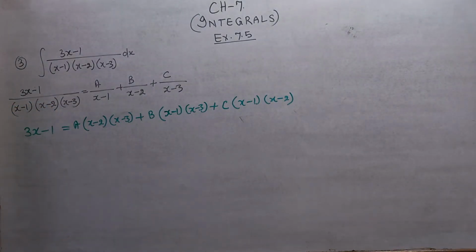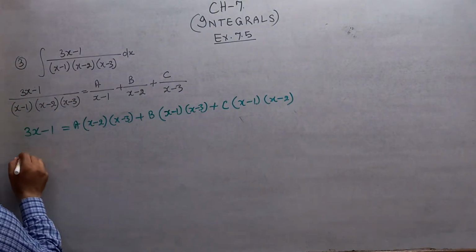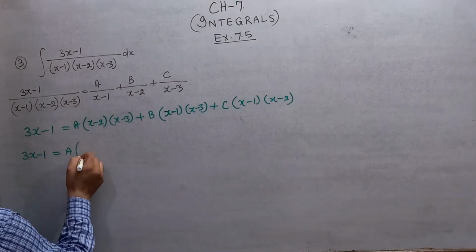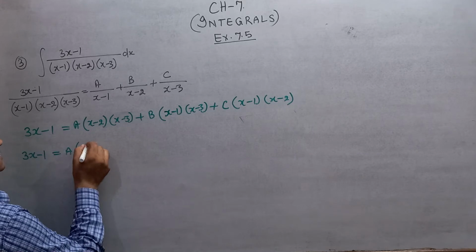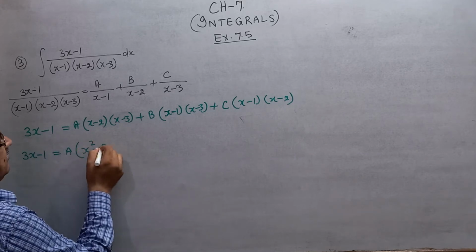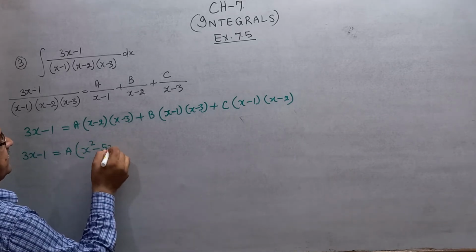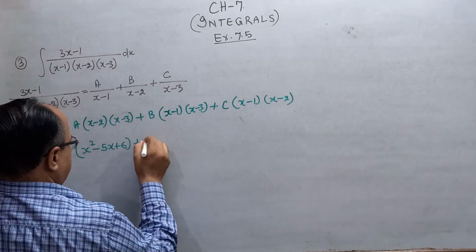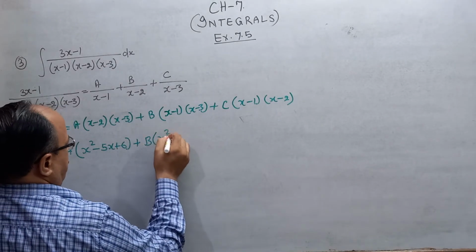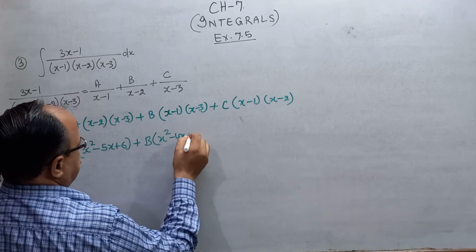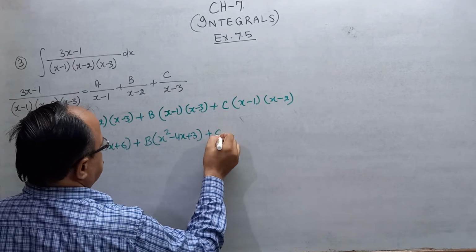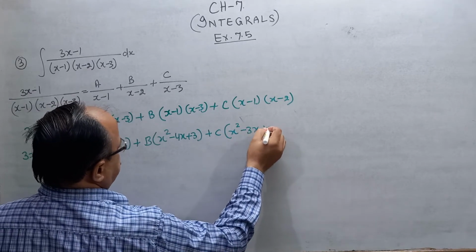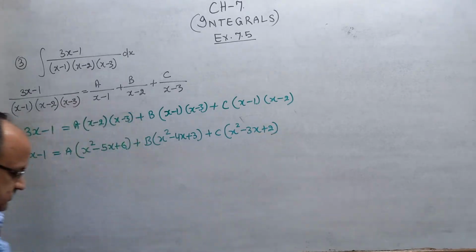Now multiply. 3x minus 1, you can write a into x square minus 5x plus 6, plus b into x square minus 4x plus 3, plus c into x square minus 3x plus 2. Right?